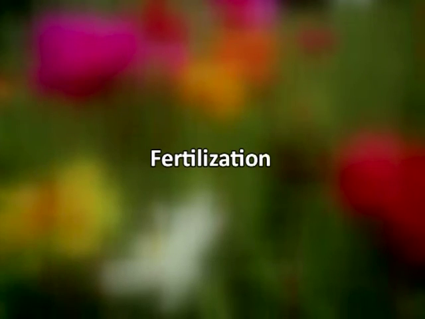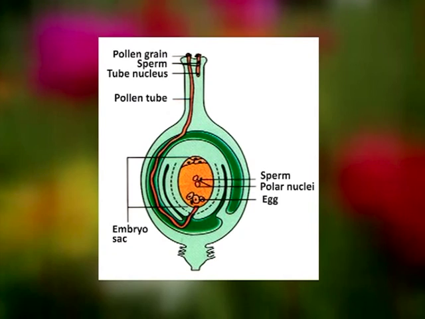In self-pollination, pollen is transferred from anther to stigma of the same flower or another flower but of the same plant.